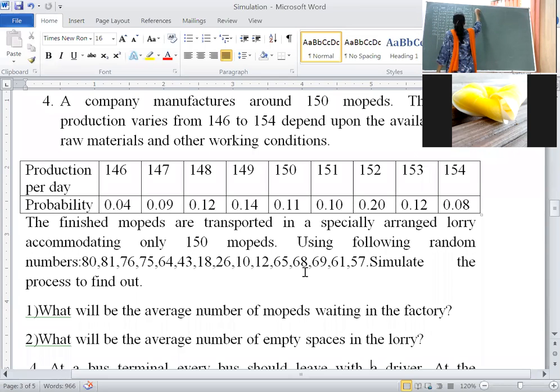DP, simulated DP, daily production. Maybe simulated daily production.